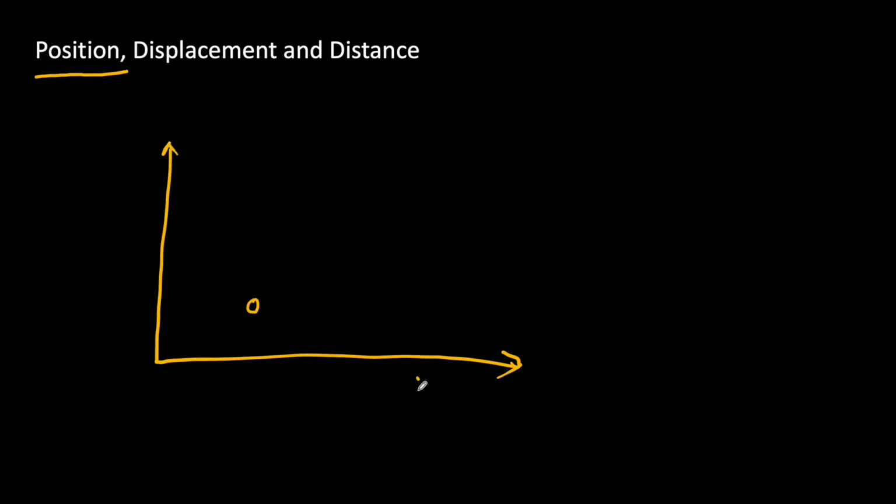This is x, this is y. This point has got a coordinate with respect to the reference, x comma y. This is called its position in 2D. If it was a 3-dimensional thing, it would have been x y z. In a 2-dimensional motion, it could be only x y.